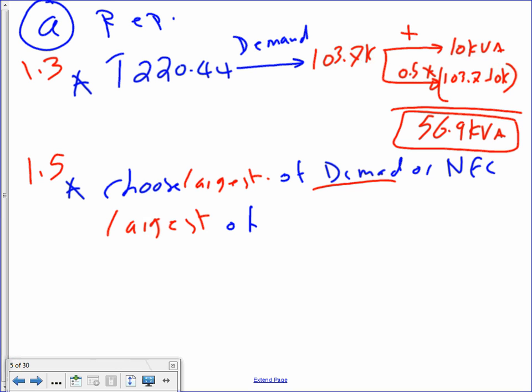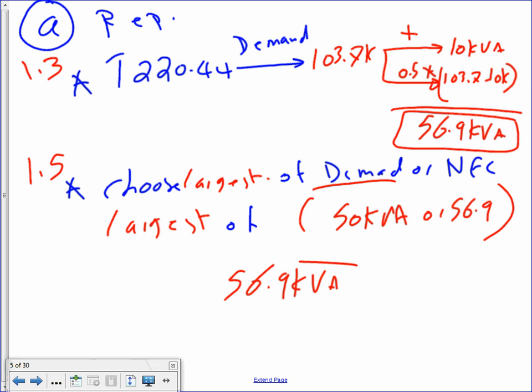So the largest of these two numbers, basically 50 kVA or 56.9, obviously, is going to be 56.9 kVA. That's the one. Can you guys highlight this? That's the one that you're going to carry with you downstream. Any comments? Any questions? So you need to take the largest of the two.